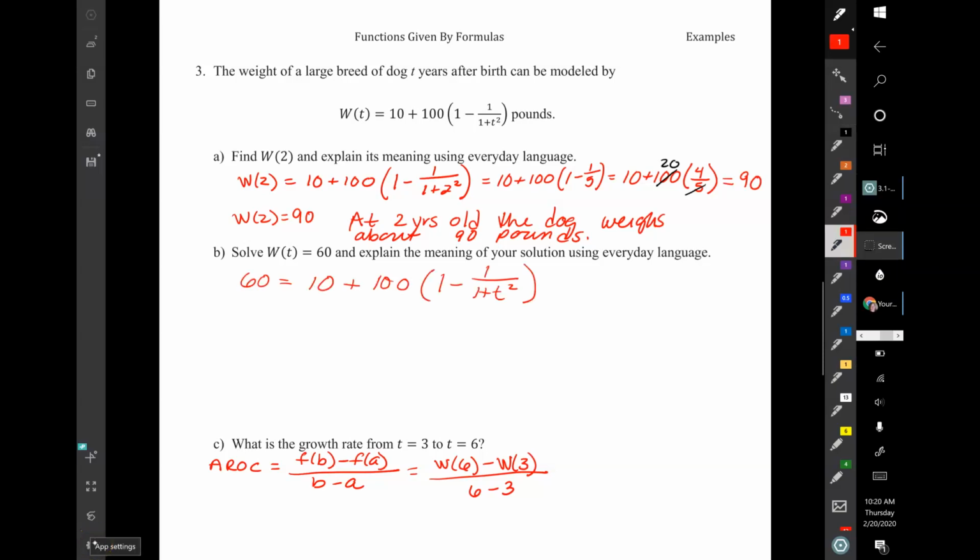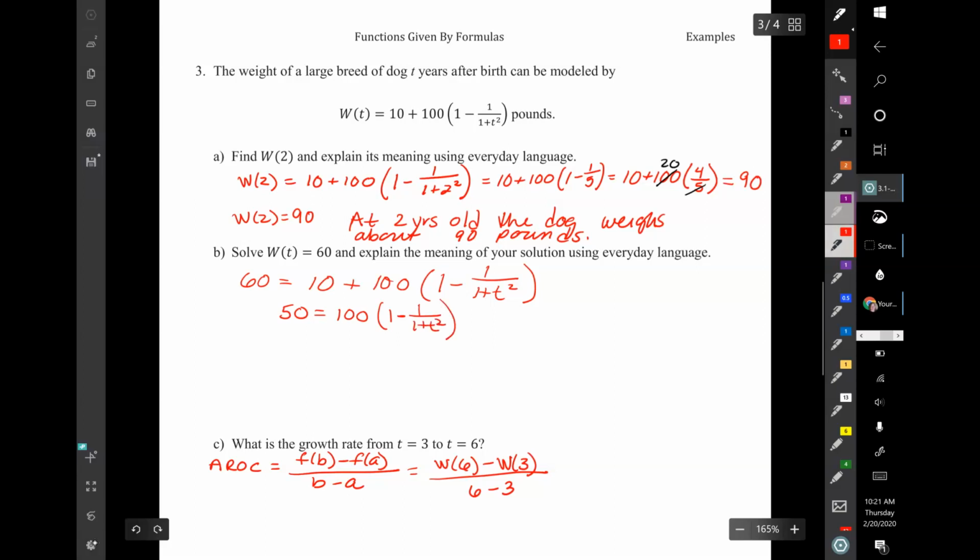Okay, so to start off with, I just wrote 60 equal to the function 10 plus 100 times parentheses 1 minus 1 over 1 plus t squared. My first step is to subtract 10 from both sides. So I get 50 equals 100 times this 1 minus 1 over 1 plus t squared.